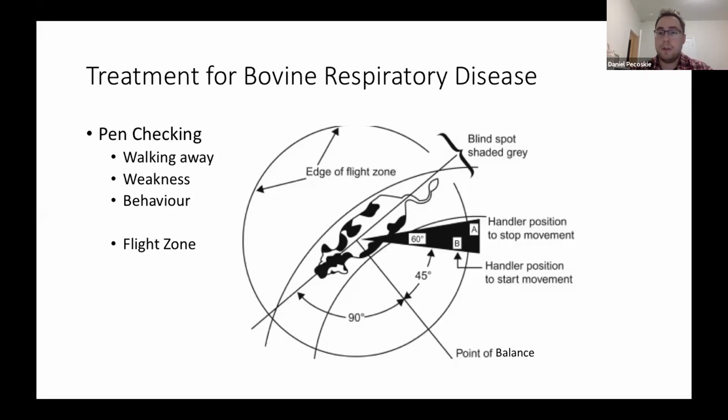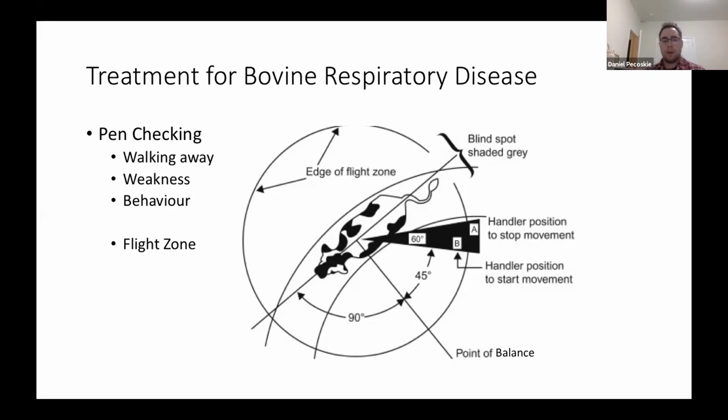If you get in front of their shoulder, they'll tend to stop. That's what this diagram is depicting. Usually for assessing cattle in a pen, you stand behind where the black triangle is, getting a cow up and moving and walking.